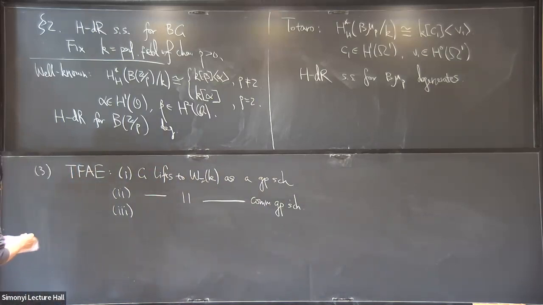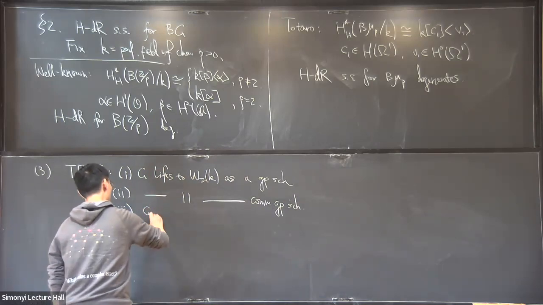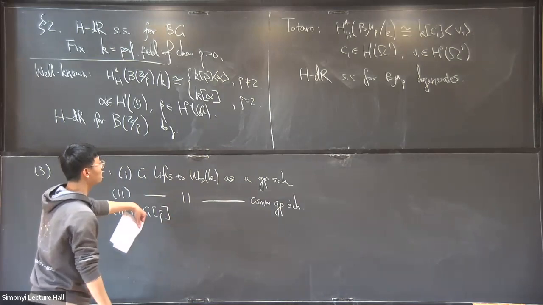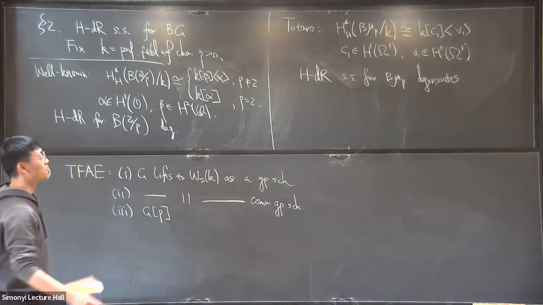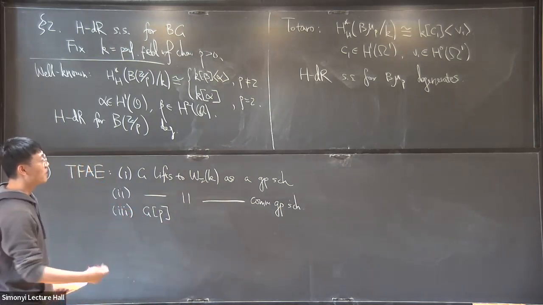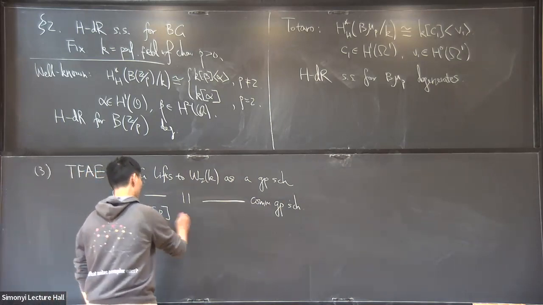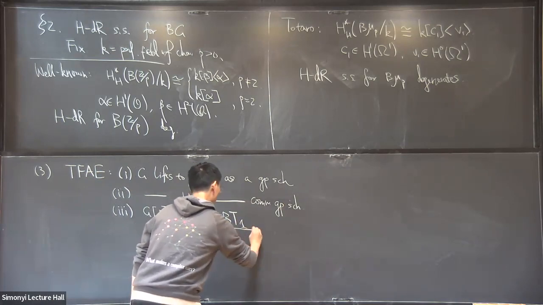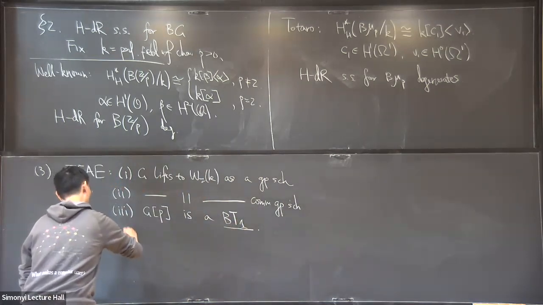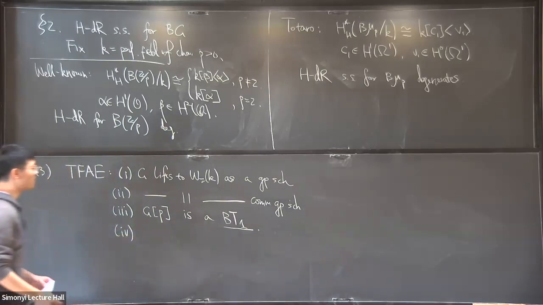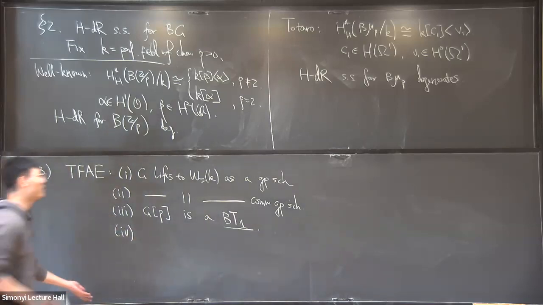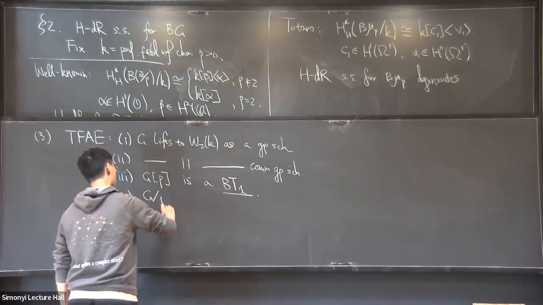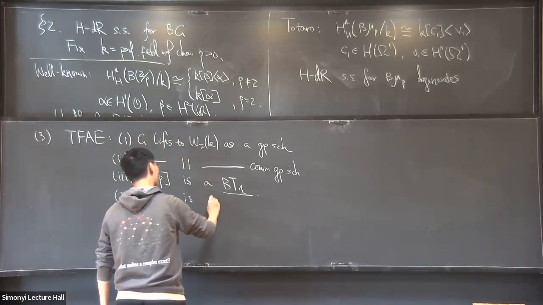Third condition and the fourth condition are kind of dual to each other. So the third condition says that the p torsion of G, which is a p torsion finite flat commutative group scheme, and the condition says that this is a BP1. So I will define this term later. But okay, if you have been to Akil's talk in Princeton, then you know what this means. But the fourth condition is dual to this one.